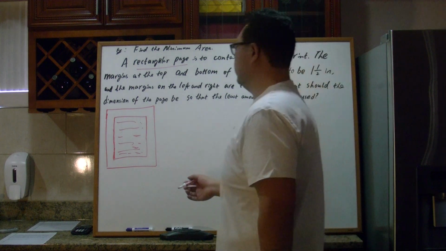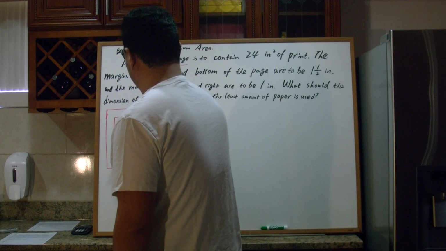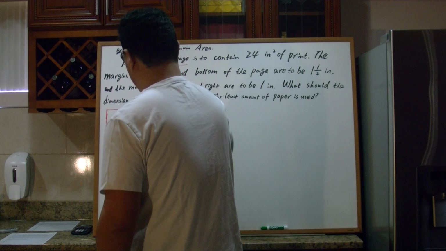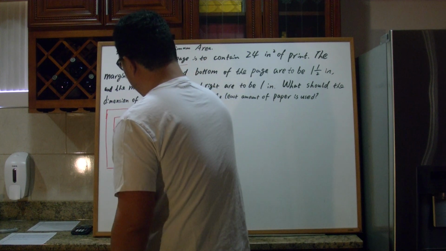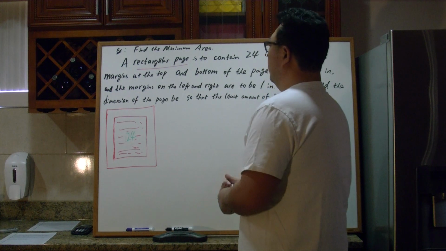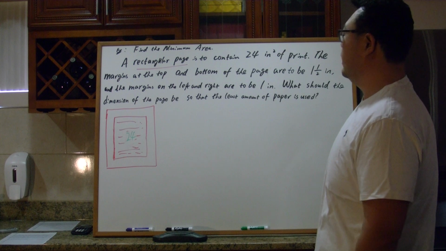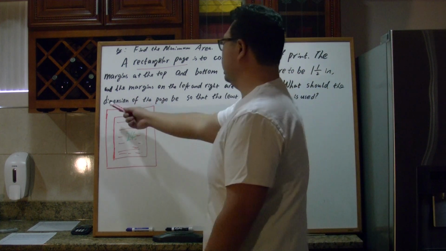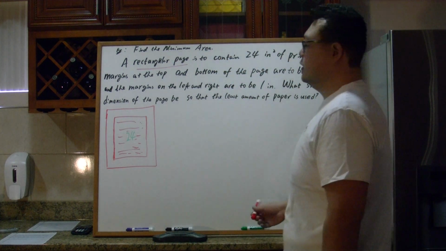So we have 24 square inches in the middle, and the margin on the top and bottom is 1.5, on the left and right is 1 inch. What should the dimension of the page be so that the least amount of paper is used?